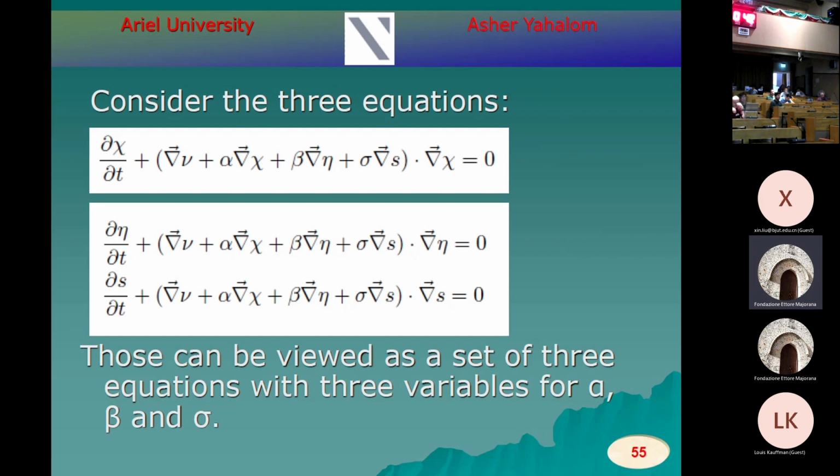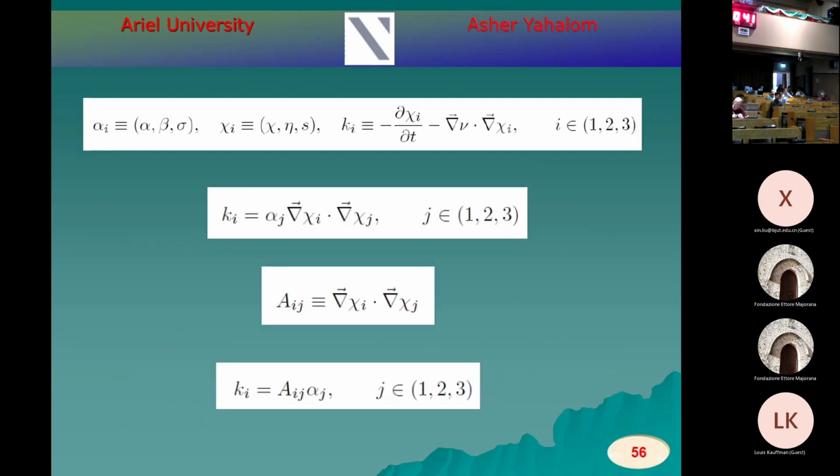So let's look at those co-moving quantities, chi, eta, and s, and write them in terms where the velocity is written in terms of the Clebsch representation. So this is the form. And we can view those 3 equations as equations for 3 variables, alpha, beta, and sigma, right? So let's define a vector alpha, beta, and sigma, call it alpha i, and define another vector, chi, eta, and s, call it chi i, and then you have this kappa i.